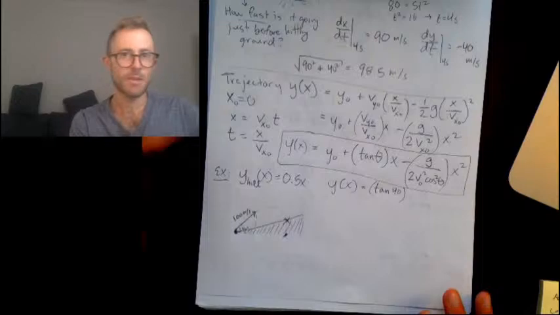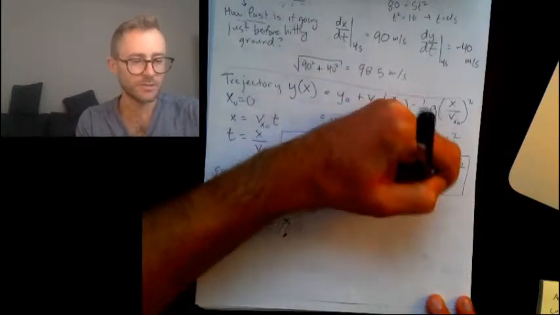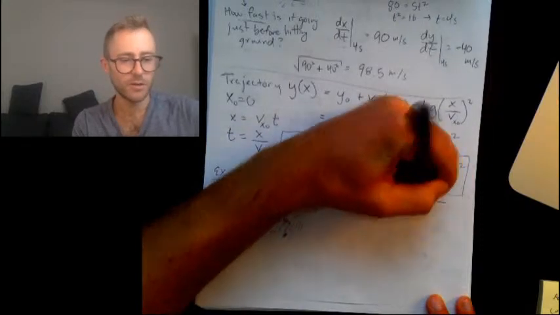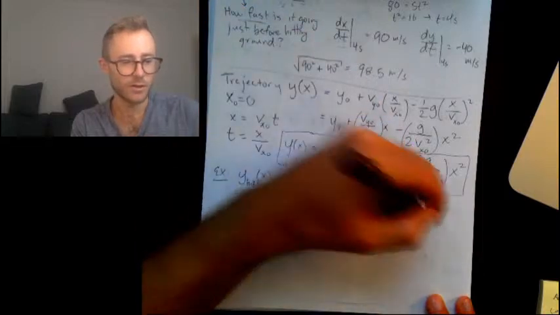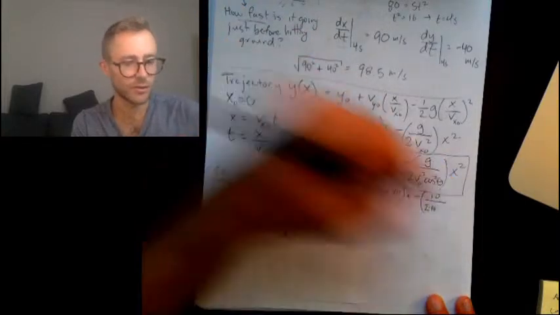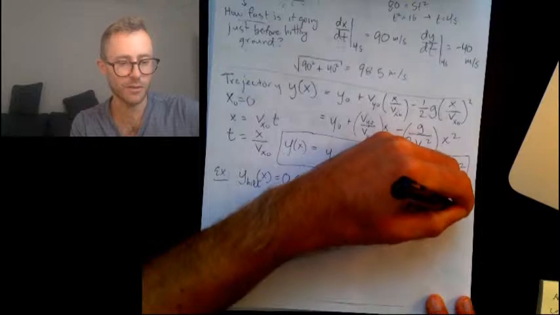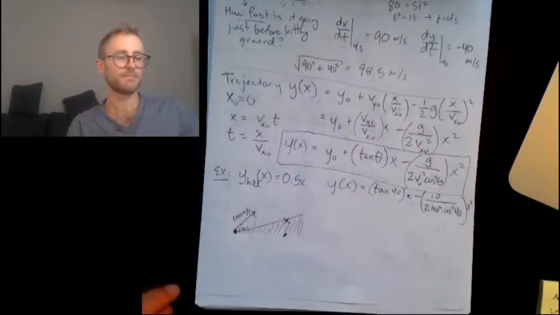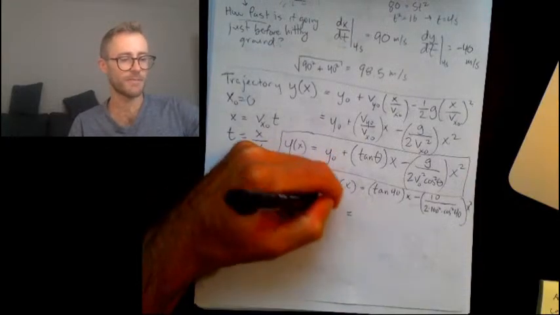All right. So we have tangent of 40 times x minus g, which is 10, over 2 v naught squared, so 100 squared, cosine squared of theta, which is 40, times x squared. Let me crunch the numbers here.